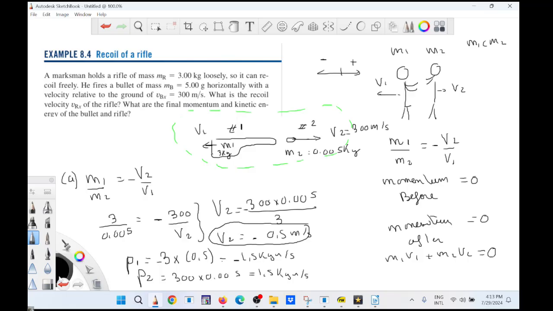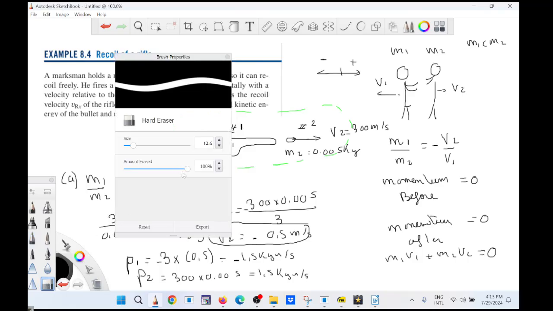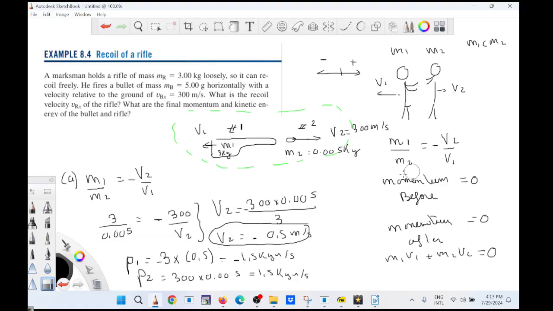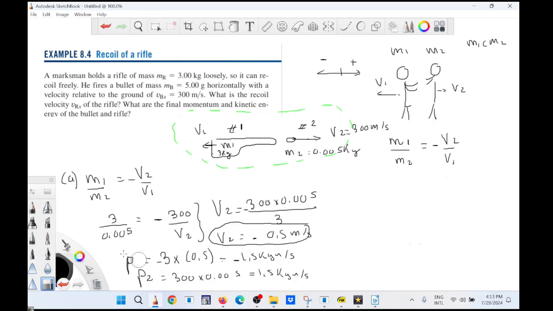What about the kinetic energy? Kinetic energy will be something else. So kinetic energy for 1, it's going to be 0.5 times the mass. But you see here, a lot of kinetic energy is going into the speed.